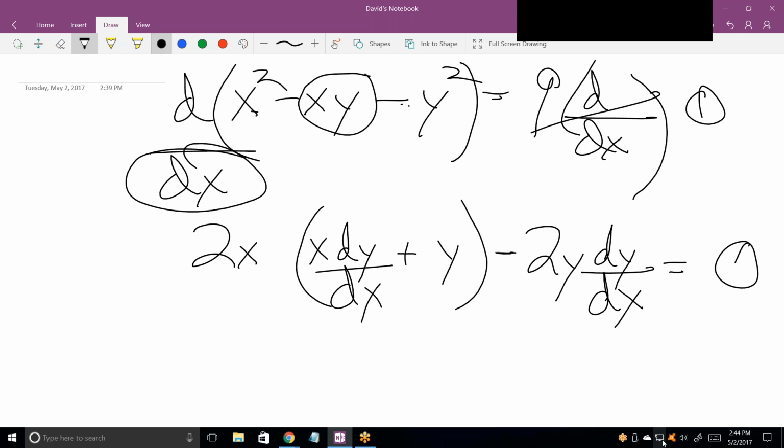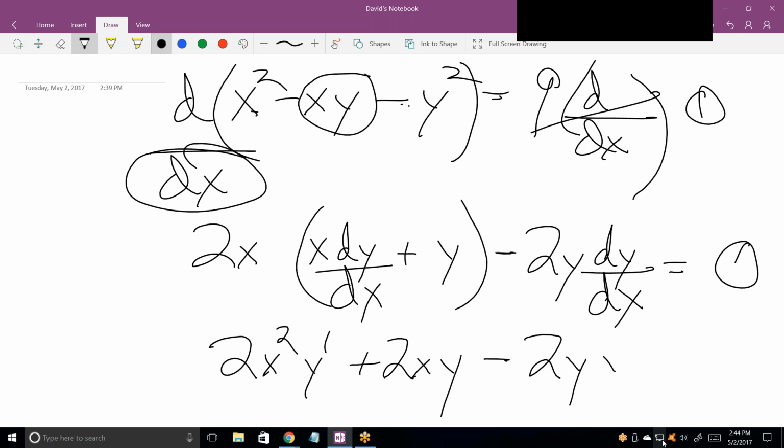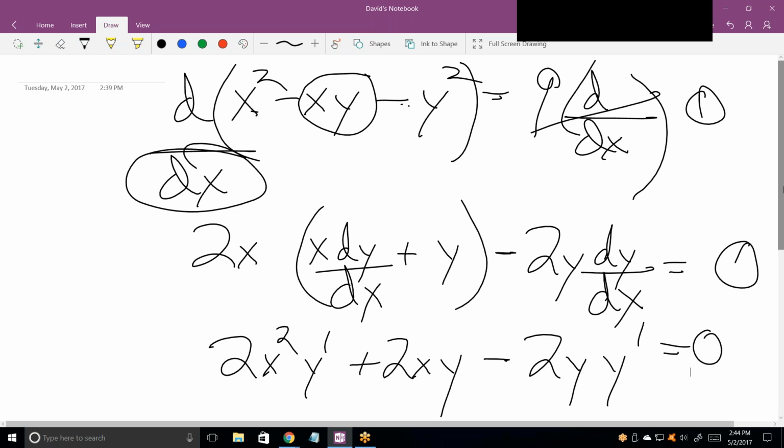But first we probably need to distribute this. So I've got 2x squared y prime, plus 2xy minus 2y y prime equals 0. You with me? Yes.